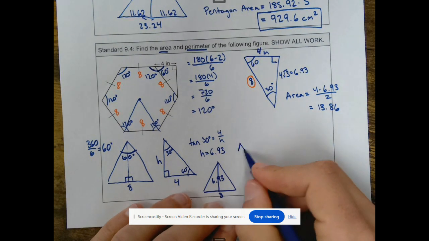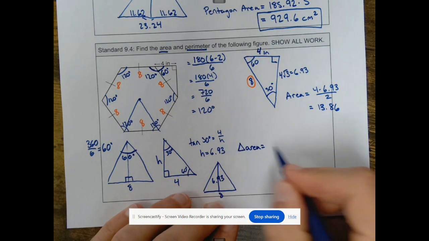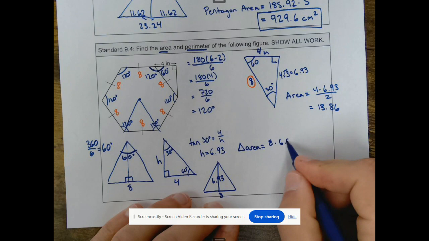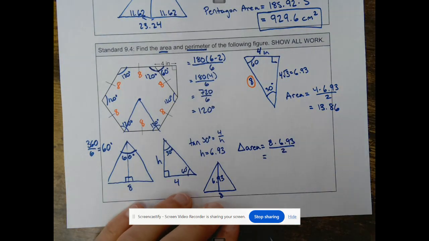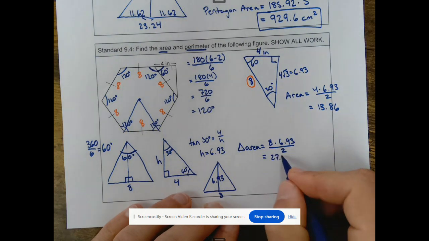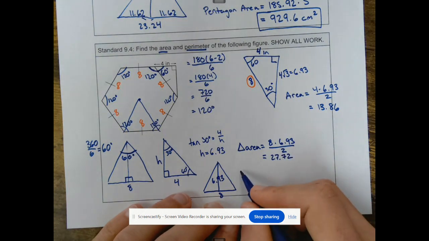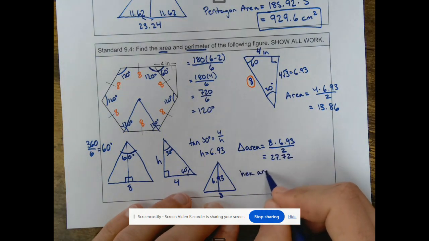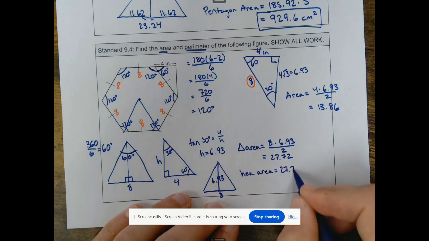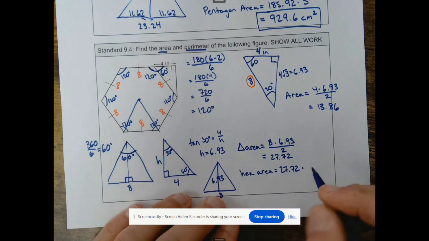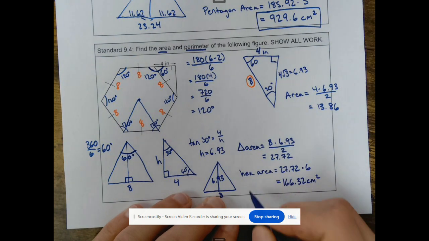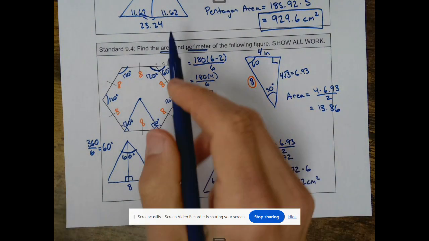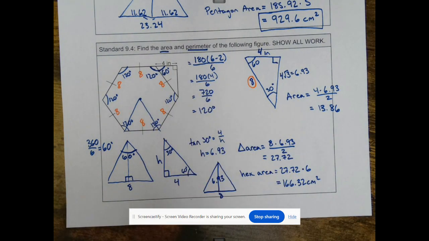Our triangle area is 8 base times 6.93 height divided by 2, which is 27.72. And our hexagon area is 27.72 times the 6 triangles, to give us a total area of 166.32 centimeters squared.